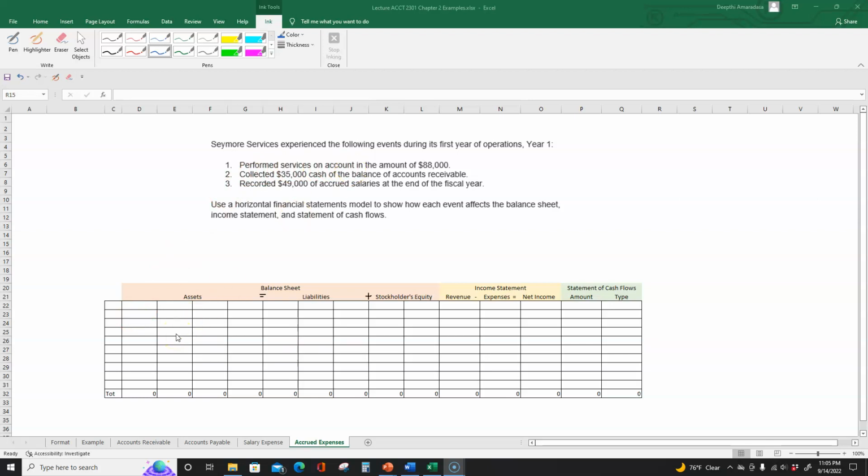So if we perform services on account, we don't have cash, we have an asset called accounts receivable. So under assets, I'm going to have a column called accounts receivable. And we know that accounts receivable increased by $88,000 for transaction 1.